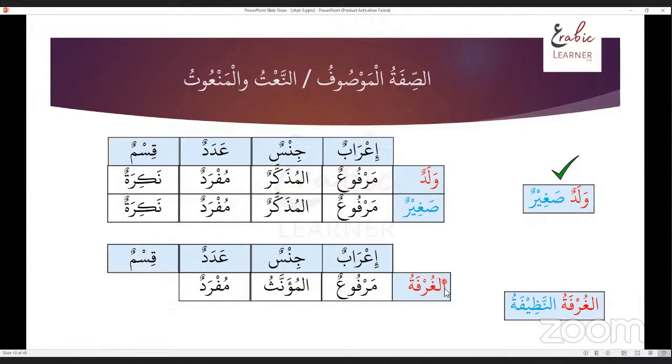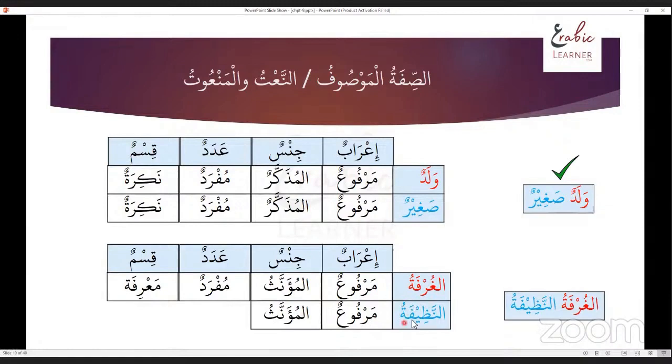Qism, Al is there. It's definite, ma'rifa. An-nadhifatu, marfu, because it's ending with dhamma. We added ta marbuta to make it mu'annas. So it's mu'annas, and then it is mufrad, and it is ma'rifa. So this also satisfies the condition of Naat wa Manuut. Okay? I hope you got it.